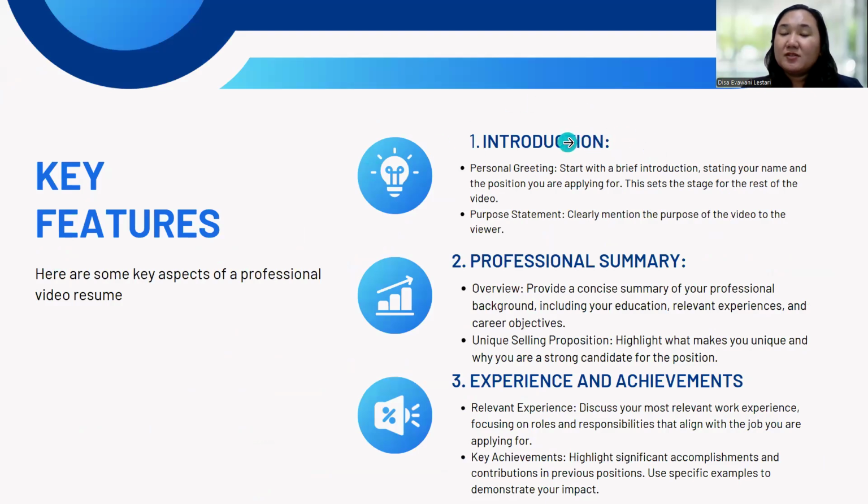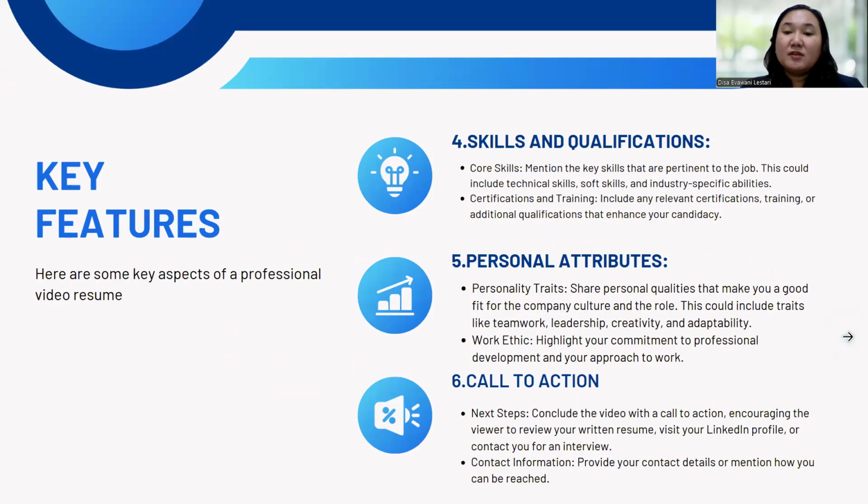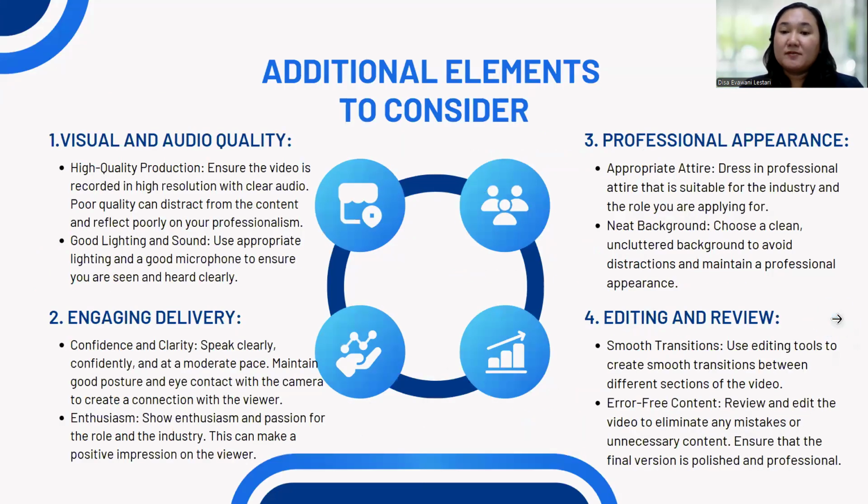First is the introduction, and then professional summary, and then thirdly, you combine experience, achievement, skills, qualifications, personal attributes into one section, and then the closing or the call to action into one section. So overall, in total, you have 4 sections.